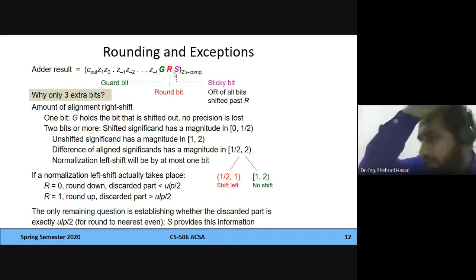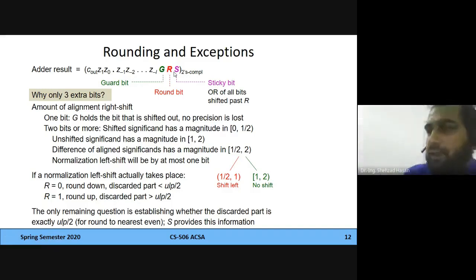I've given that chapter to you as well if you want to read it yourself. The book has explained in much detail why three bits are needed, so you can read that as well. I've tried to explain that there is a guard bit which sometimes becomes part of the answer if your magnitude lies in the range of 0.5.